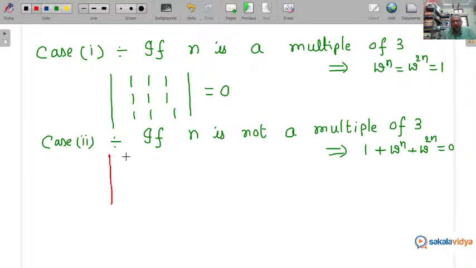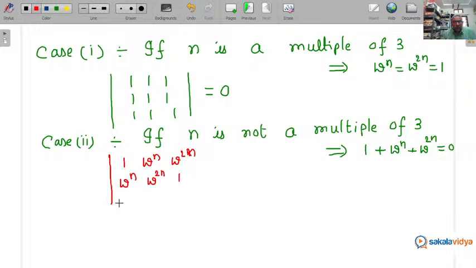Here we have the determinant of 1, omega to the power of n, omega to the power of 2n, omega to the power of 2n, 1, omega to the power of n. The concept is very important, so we need to discuss. Though the answer you can write directly, you can substitute any value, even n is equal to 1 also, no problem.